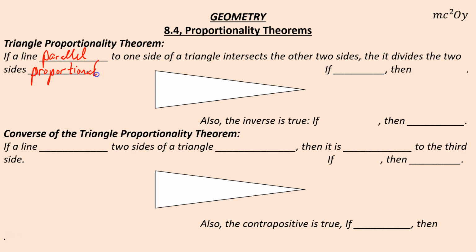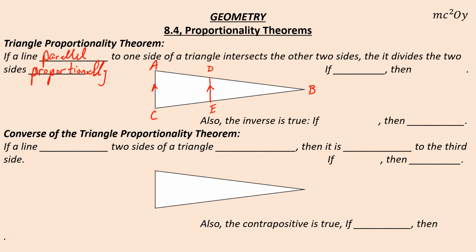All right, so really, if we have a picture of that, excuse my writing there. Let's say we have triangle A, B, C. We have a line that breaks somewhere in the triangle that is parallel to one side of the triangle.